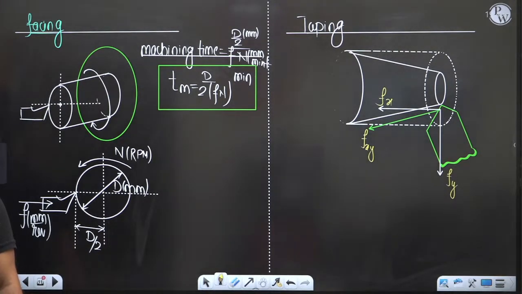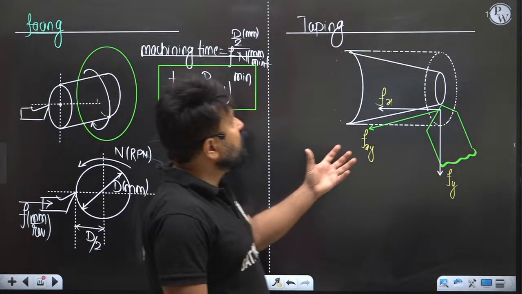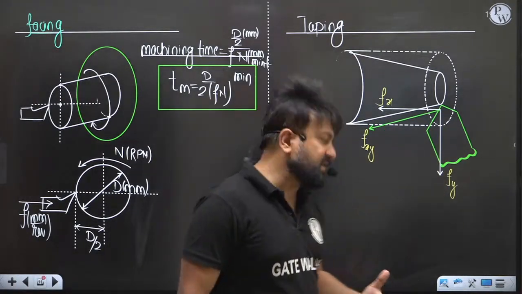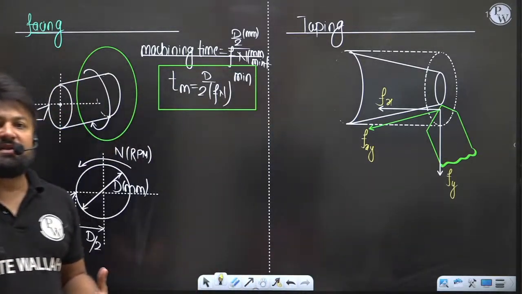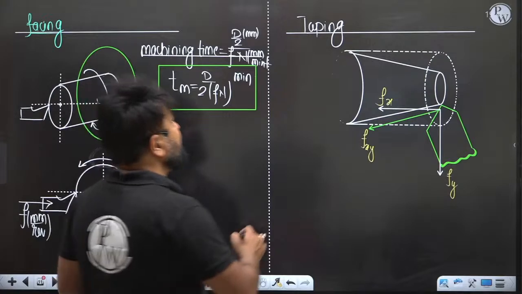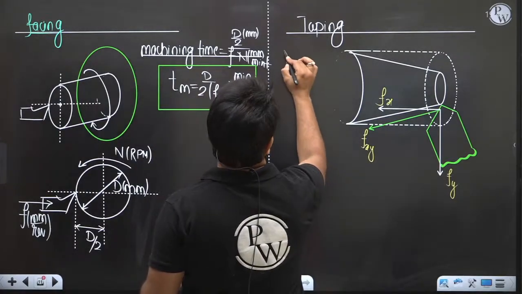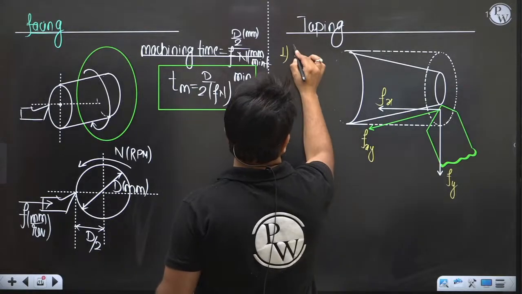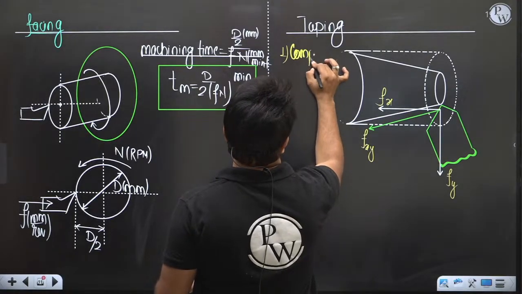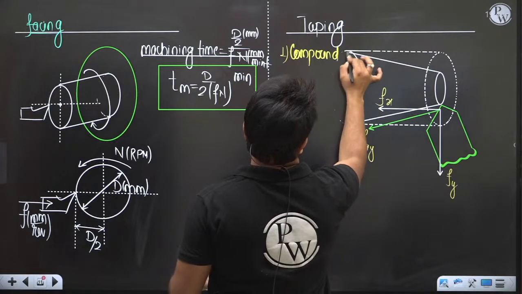Now in lathe, you can do taping by various methods. The first method is the compound slide.